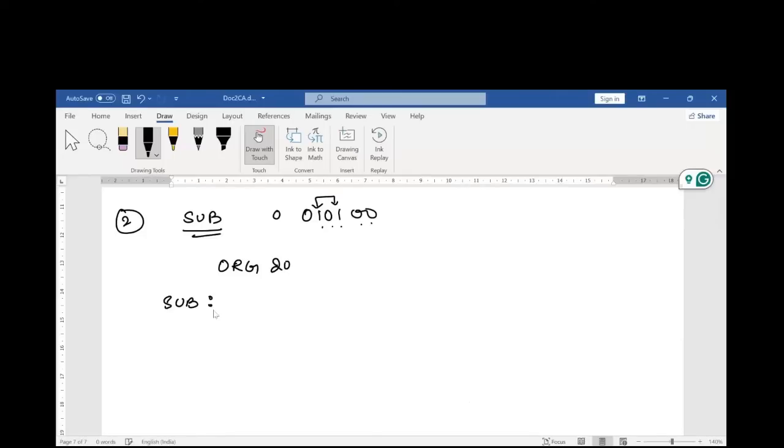Again, for sub, I need to fetch the operand from memory. So first thing is no operation. I call indirect. Once you have your effective address, then read. You jump next. And once you have your operand in DR, simply use the micro operation sub.